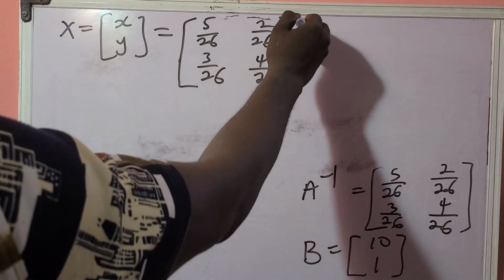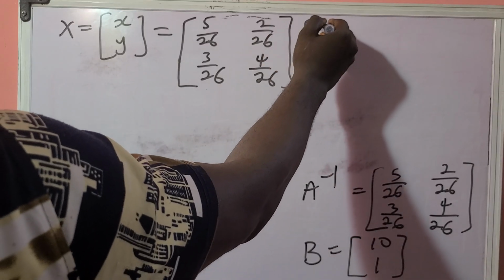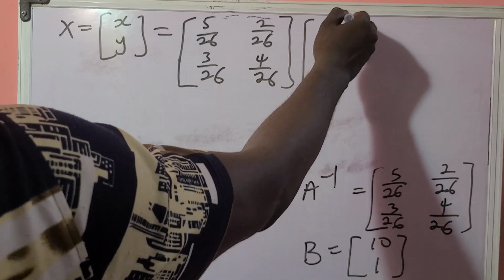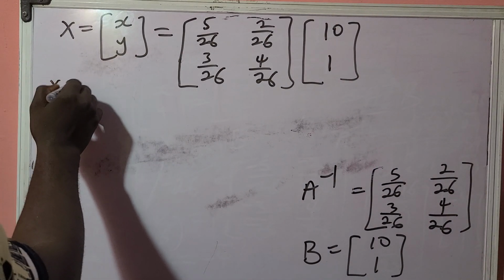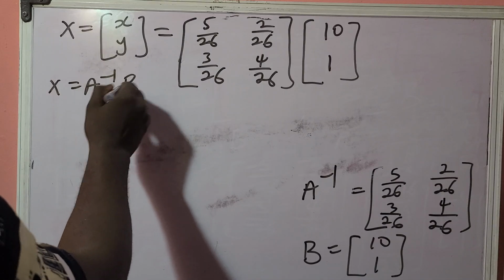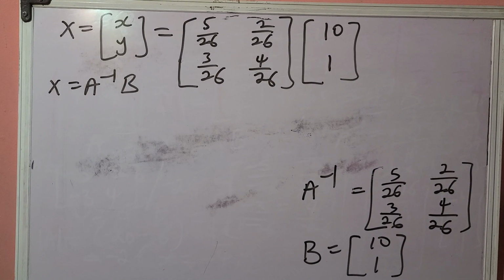So we're going to be multiplying this with our B value. So X is A inverse times B. So that's what we want to try and resolve right here.